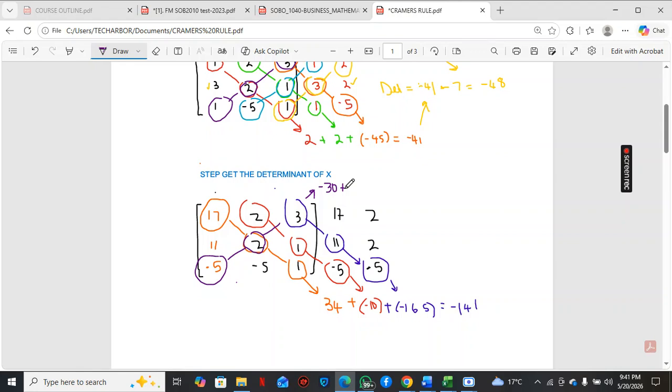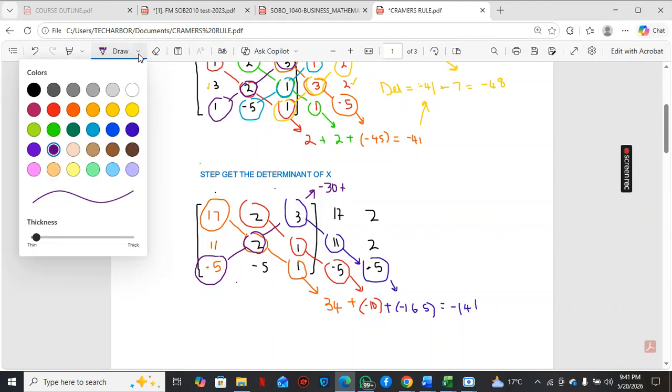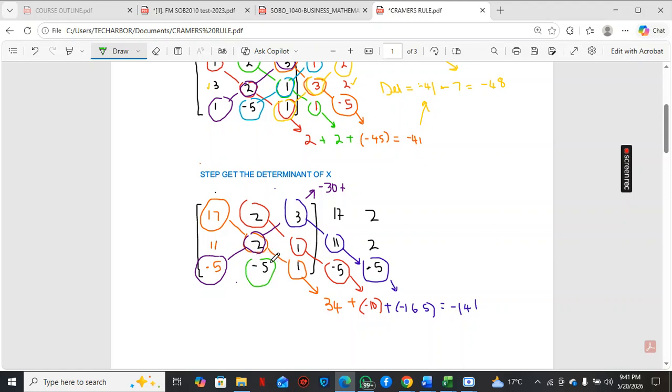Plus negative 5 times 1, that is negative 5. Negative 5 times 17, that is negative 85.